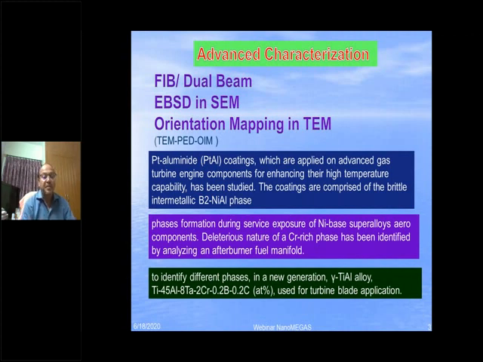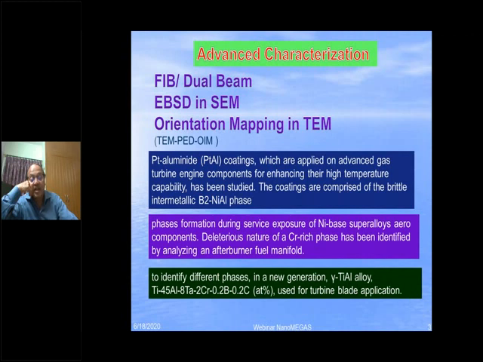I'll take three examples. One is a platinum aluminum coating applied to engine components, and how to solve a problem arising out of these coatings. Then we have to find out how chromium displays in a nickel-based alloy, an after effect in an engine component, which has been identified, and we need to find out what the problem is.